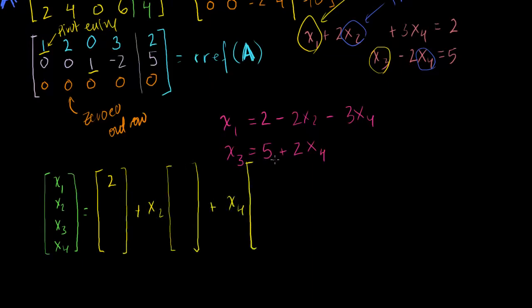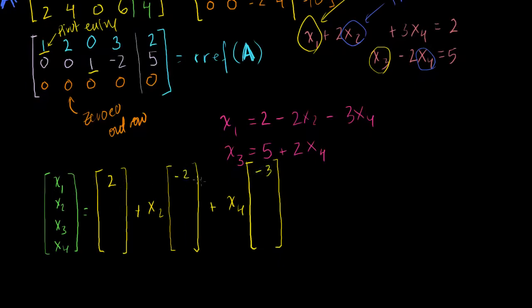So x1 is equal to 2 minus 2 times x2, or plus x2 times minus 2. So I put a minus 2 there. And then I can say plus x4 times minus 3. So I can put a minus 3 there.